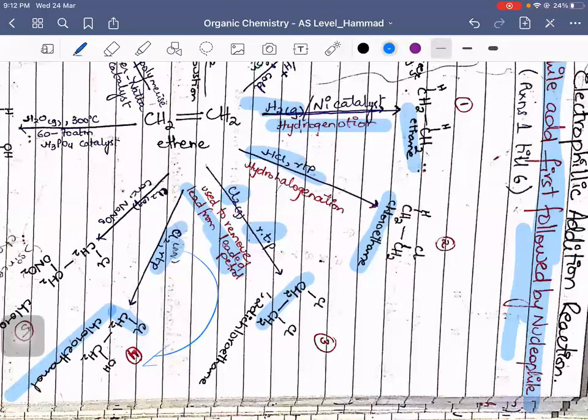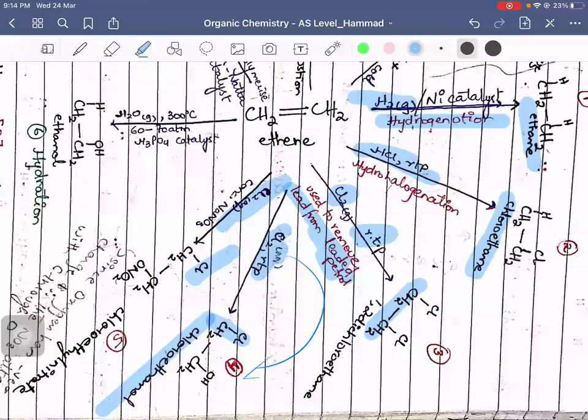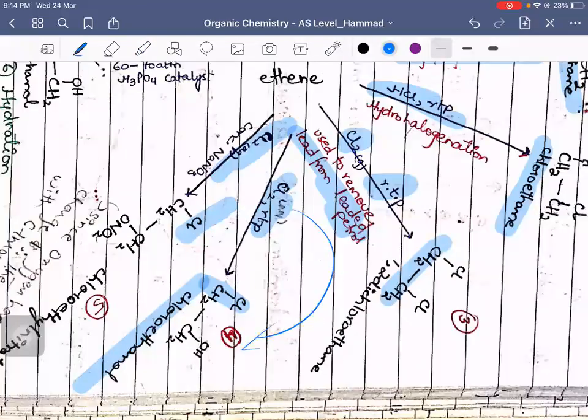From water, you have the OH part. If I'm adding chlorine aqueous, then chlorine gets attached to one of the carbon atoms. Sorry, we are here. In chlorine aqueous, chlorine is mixed with water.